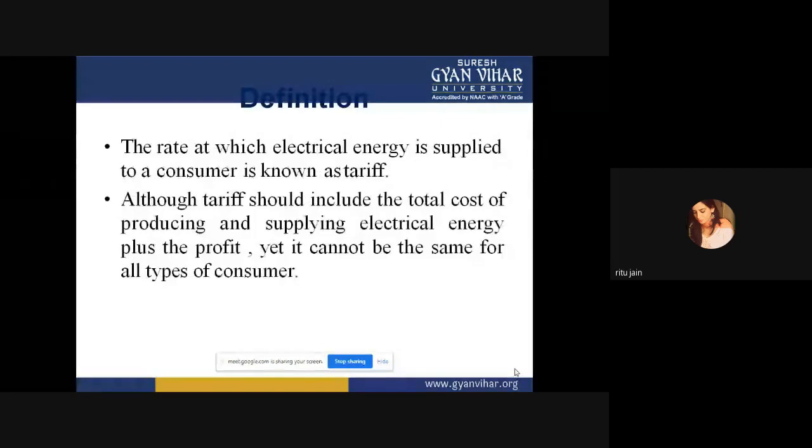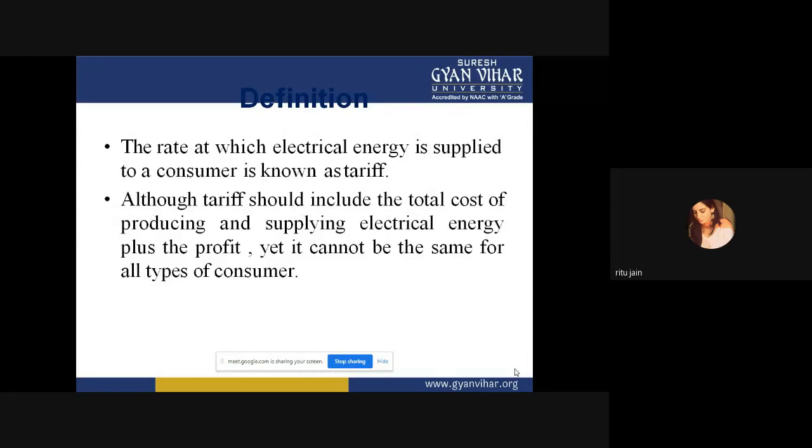In technical language, the charges we pay for electricity are called tariff, and there are different kinds of tariffs and different calculations on which the tariff rates are based. So first we have to understand the definition of tariff.